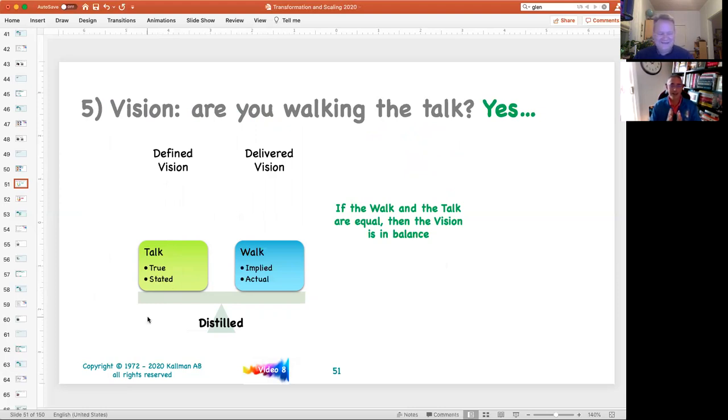I can tell my colleagues my vision statement is zero friction. And if they keep saying, oh yeah, yeah, yeah, and I never show that the work I'm doing is reducing those friction points, bringing about higher performing teams, et cetera, right? My talk and my walk, as it shows here, are in balance.